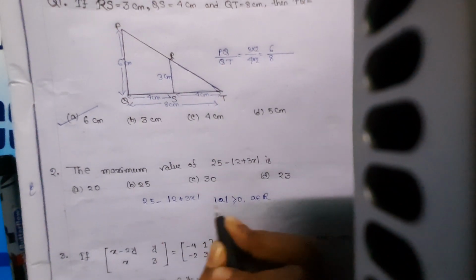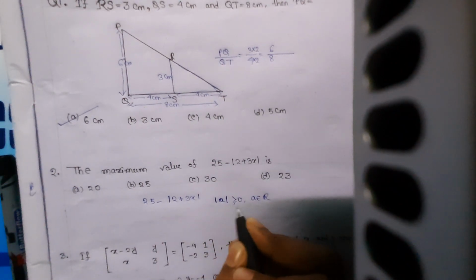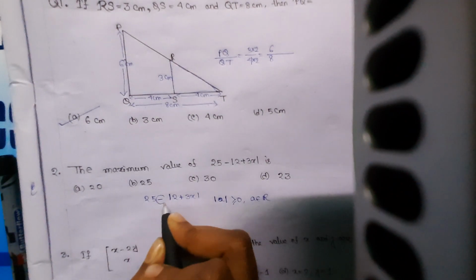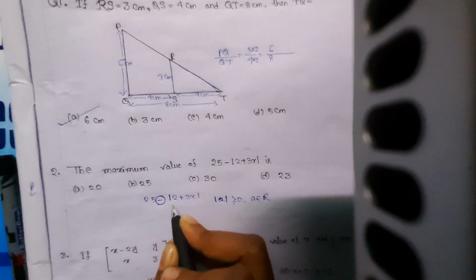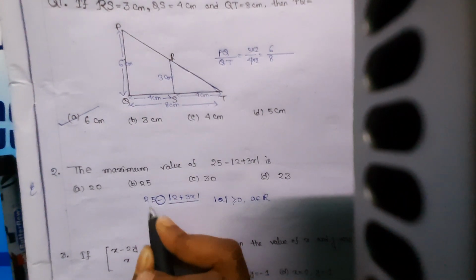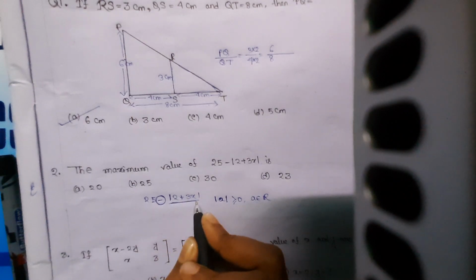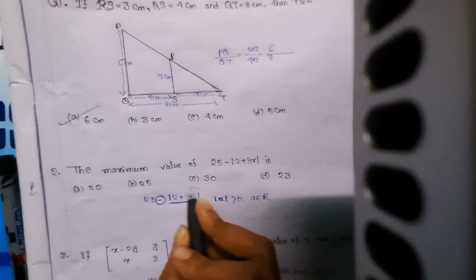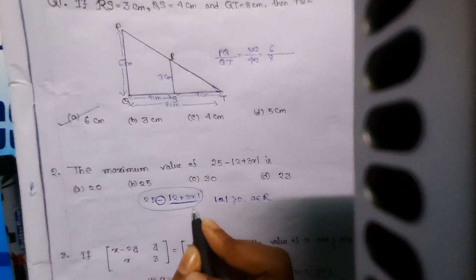Mod is always positive. Since the minus symbol is present here, any positive value subtracted from 25, if this positive value is larger, then the total value must be smaller.